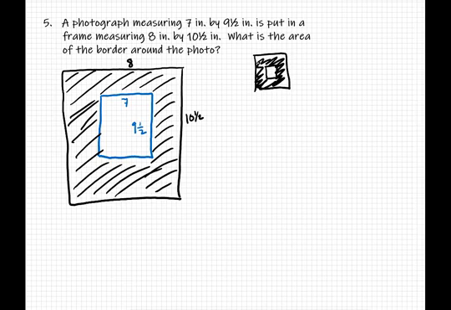Now, the way we could get this is, well, let's see. We could take the black rectangle, and then we could subtract off the blue rectangle.